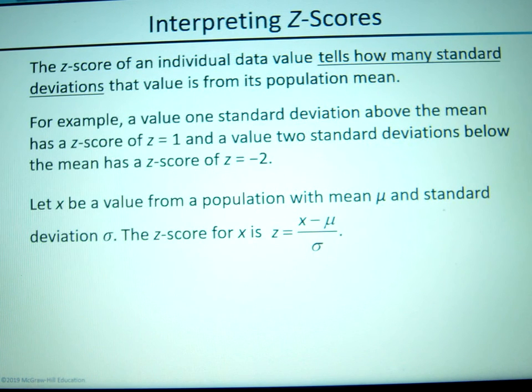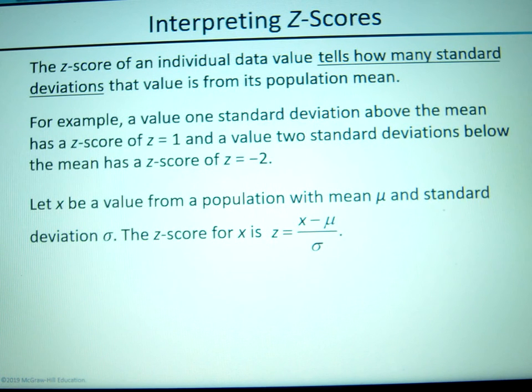A z-score is an individual data value that tells you how many standard deviations that value is from the population mean. So before, when we looked at the empirical rule of 68, 95, and then almost all of it, or 99.7, those were standard deviations away from the mean. So it's not always just going to be exactly 1 or exactly 2 or exactly 3 standard deviations away. The z-score will tell you how many standard deviations away the value is from its mean.